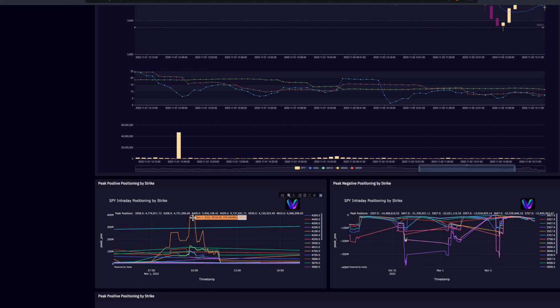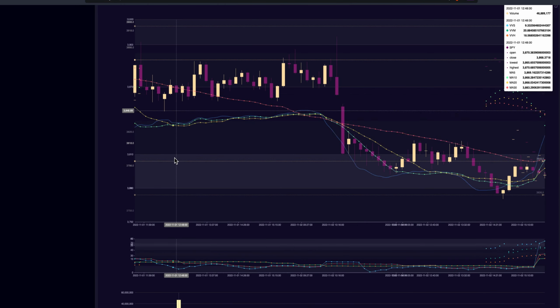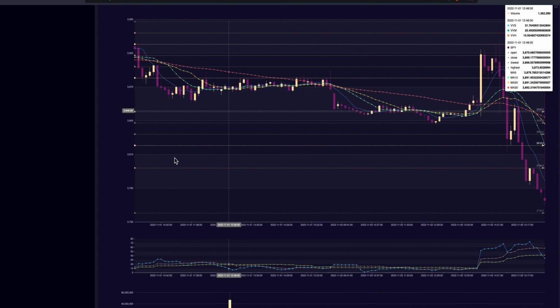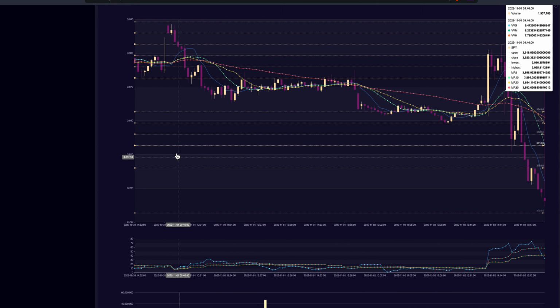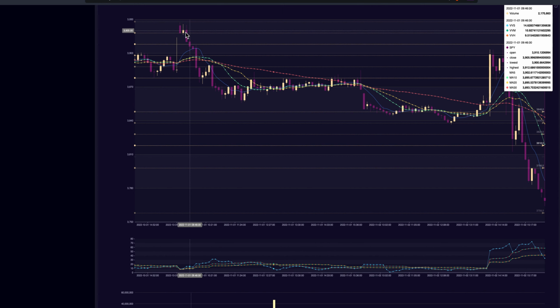So we had this particular position here at 3908 at 9:55 on the 1st of November. I'm going to zoom back a bit and go to that time point so you can see it. Okay, so we had that position here.